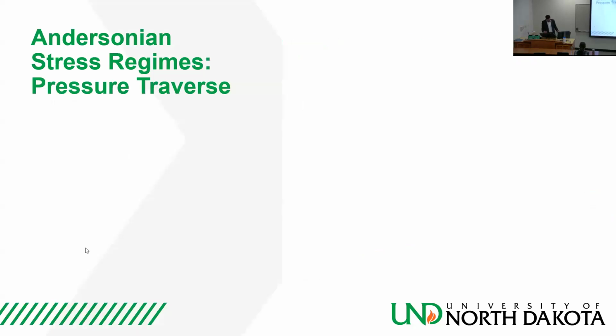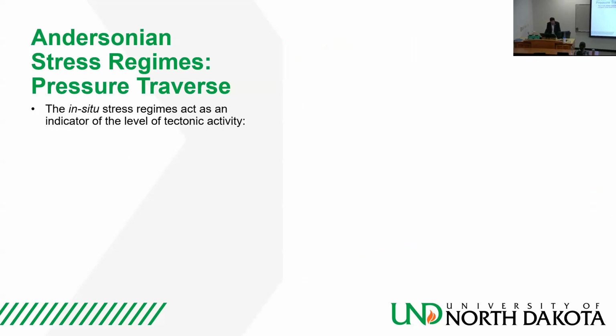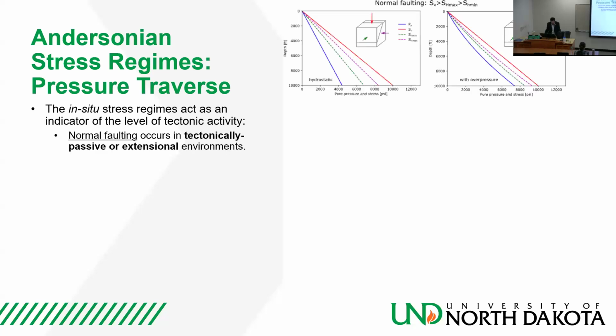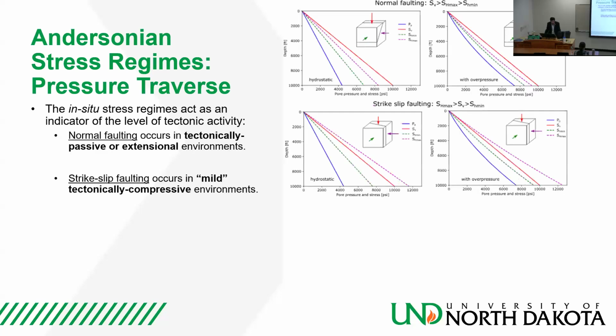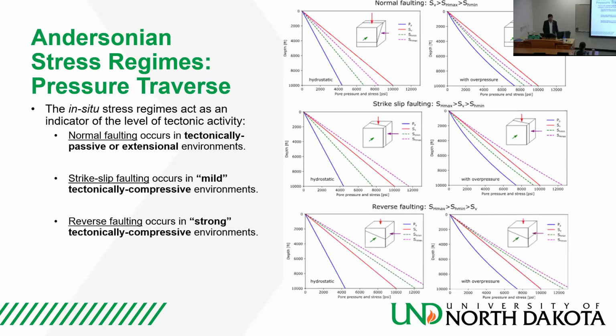So now that you are familiar with the pressure traverse diagrams, you can see how they should look for normal faulting, strike-slip faulting, and reverse faulting. Basically, we have SV, SH max, SH min.